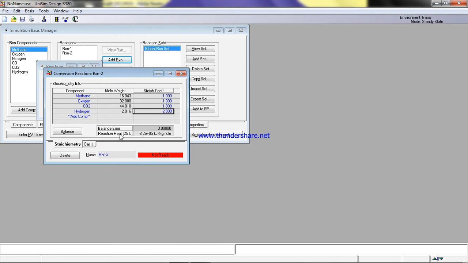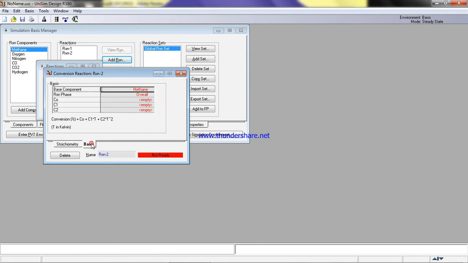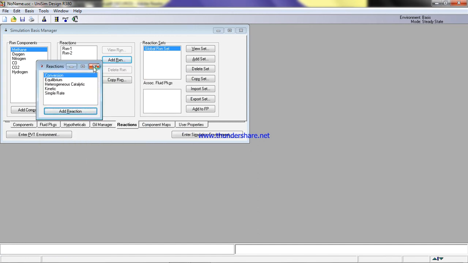All right, so that balances. We go to basis. Methane is the limiting reactant, conversion this time 60%. So it means these 2 reactions are happening together in the reaction vessel. The first reaction 40% methane converted, second reaction 60% methane. So you now have this product coming out. Okay, so we close that.